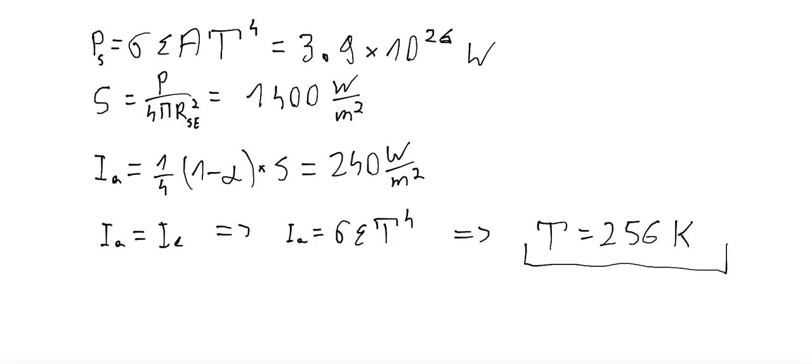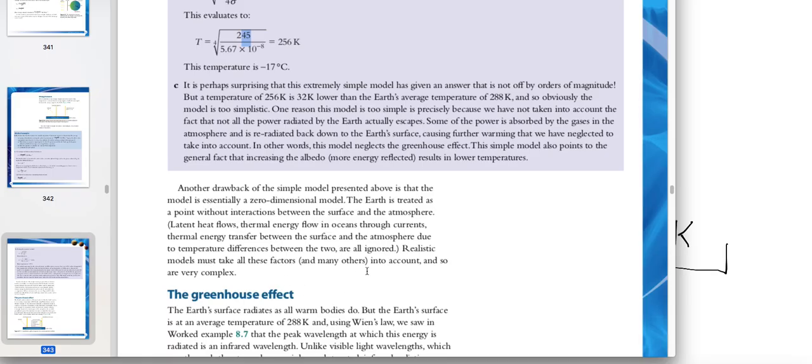Okay, you must know how to do this. Your task now is to calculate it again, starting from the beginning, from the power of the sun, to the average temperature of the Earth at the end. And as additional homework, you have to read in Tsokos about the greenhouse effect.